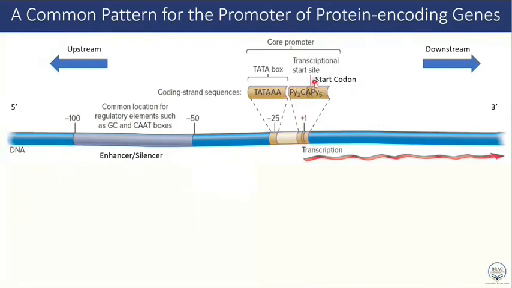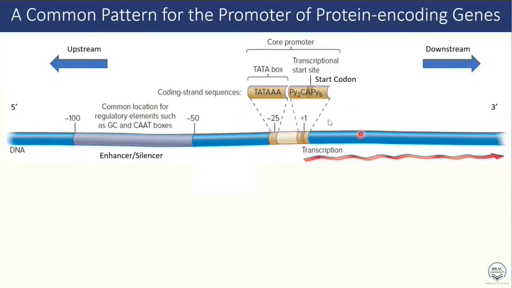So, the core promoter. The promoter has some unique sequences called the TATA box, because TATA repeats are present in the promoter region. So whenever we see some TATA repeats, that means we are in the promoter region of a gene.